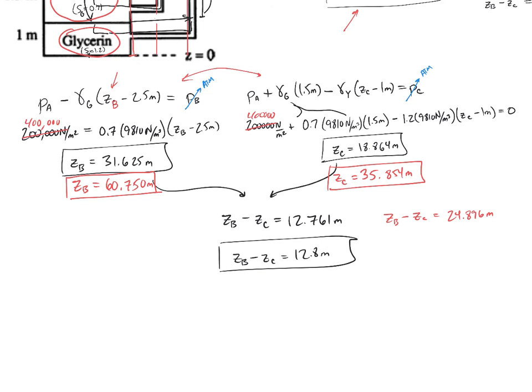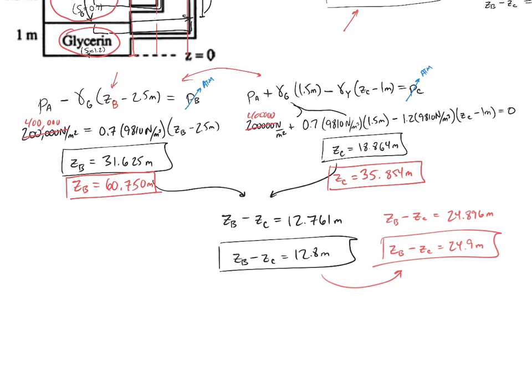In this case, ZB minus ZC equals 24.9 meters. So in this case we doubled the pressure, and we almost doubled the difference in the piezometers.